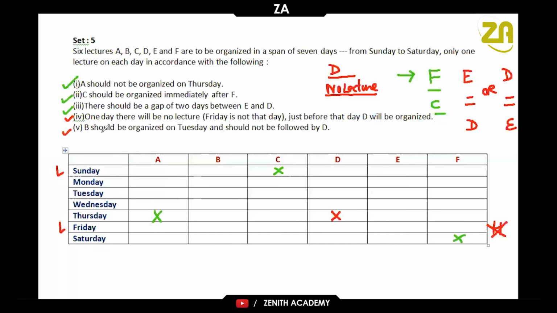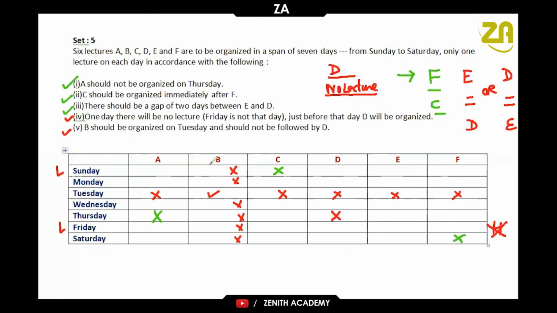Now, lecture B should be organized on Tuesday. Direct information. Lecture B should be organized on Tuesday. So cancel out this, this, this, this cell, and in this row, this cell. All of you know this very well.